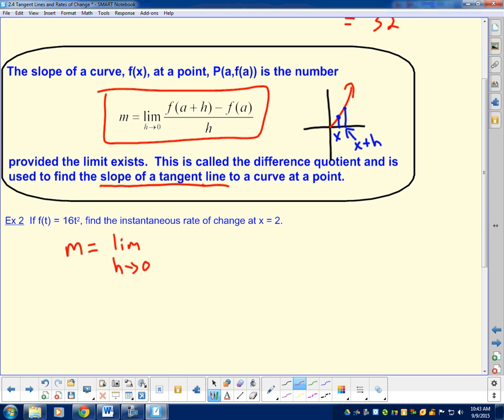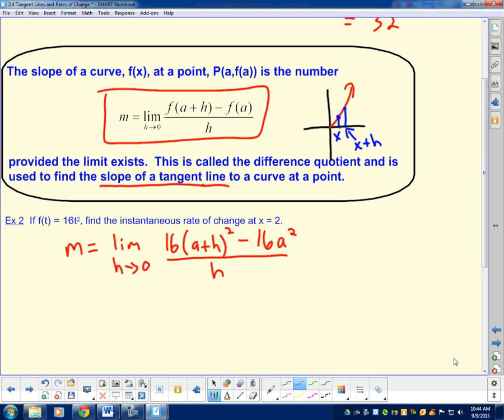So this is telling me to take a plus h and plug it in place of t. So f of a plus h would be 16 times a plus h squared minus f of a would be 16a squared, all over h.